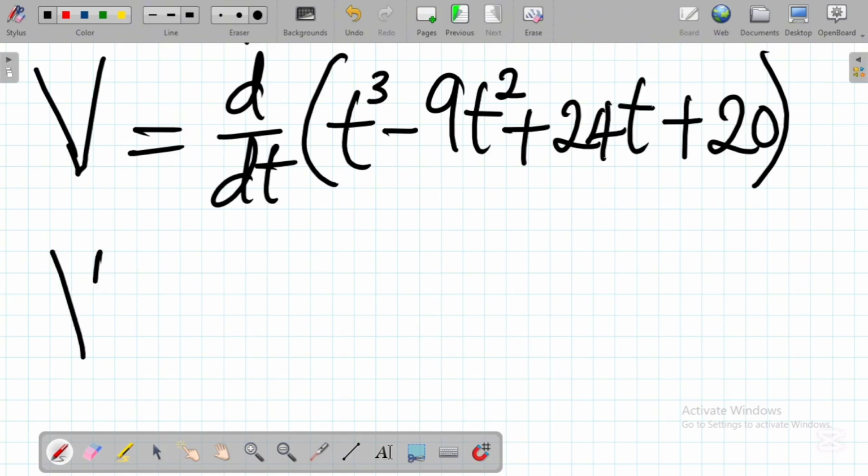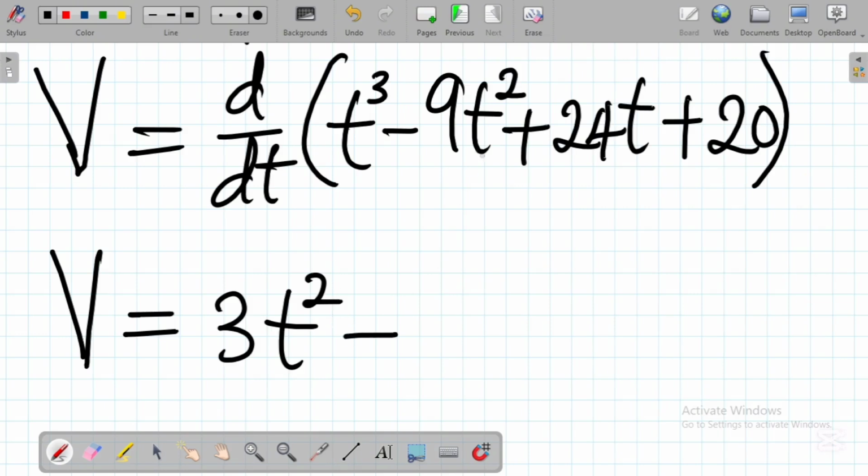So v is equal to, if you differentiate t raised to power 3, it would give you 3t raised to power 2. According to the general method of differentiation, you multiply t by its power and then subtract 1 from its power.